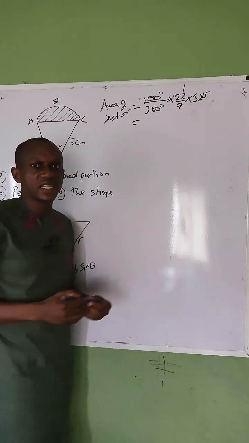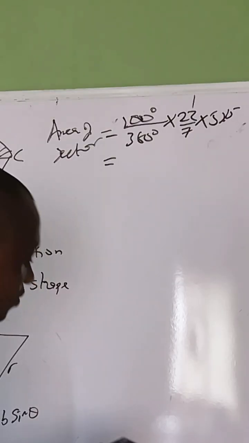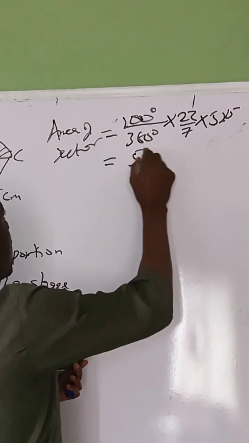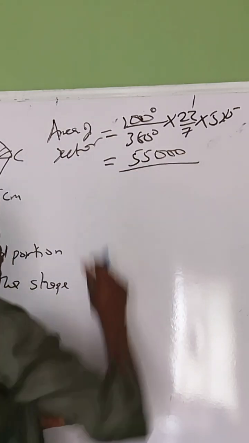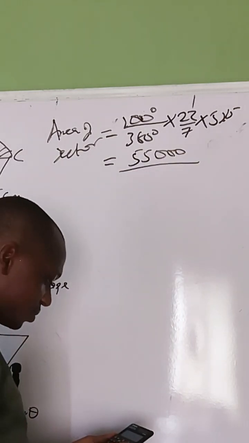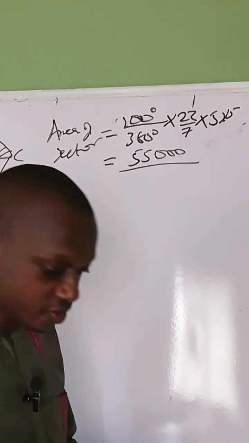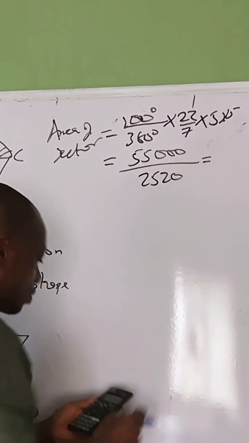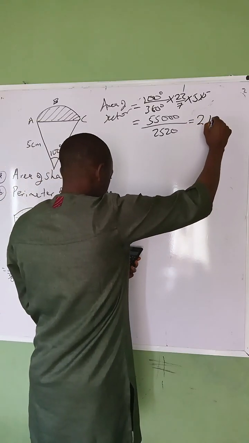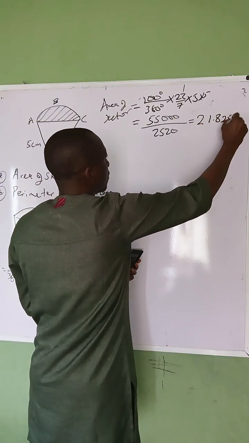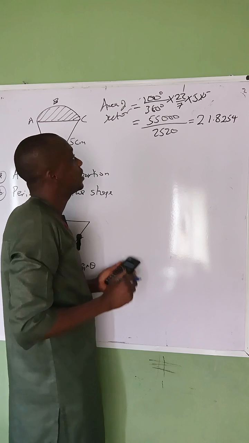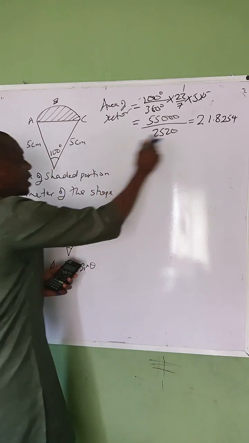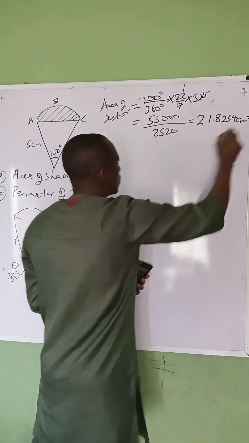So what does that give us? This gives us 55,000 divided by 360 times 7. It gives us 2520. So we get 21.8254. This is in centimeters and the area will be in centimeter squared.